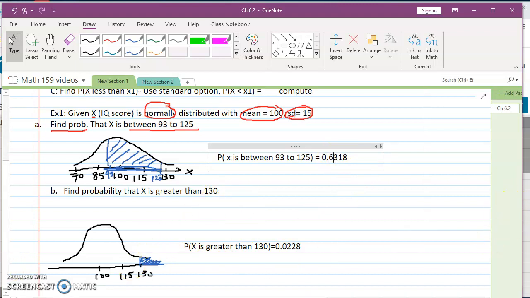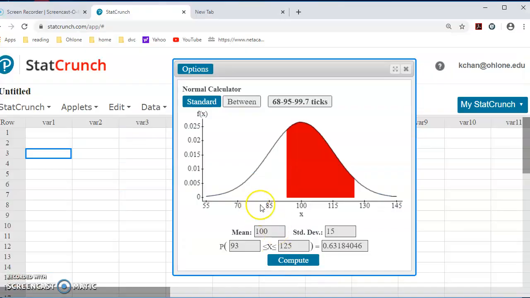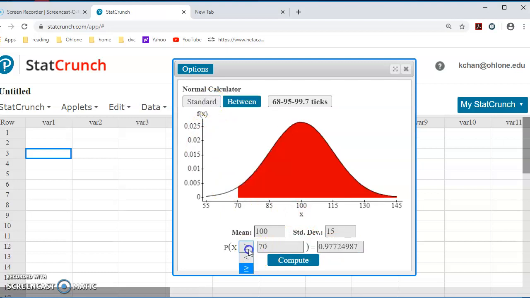The second example I want to do is this one. Find the probability that x is greater than 130, and I already drew the normal curve. I shaded it because greater than 130 means all the numbers on the high end. So we'll need to switch it to standard because we want greater than.